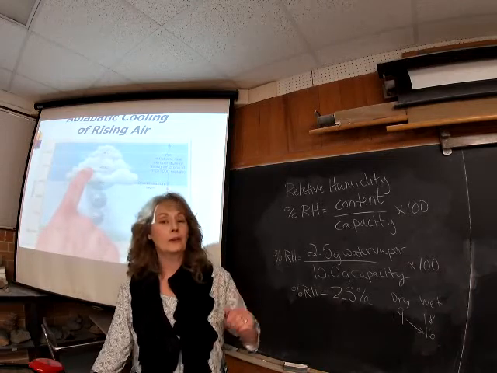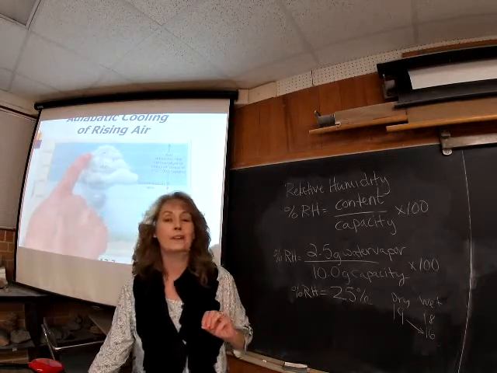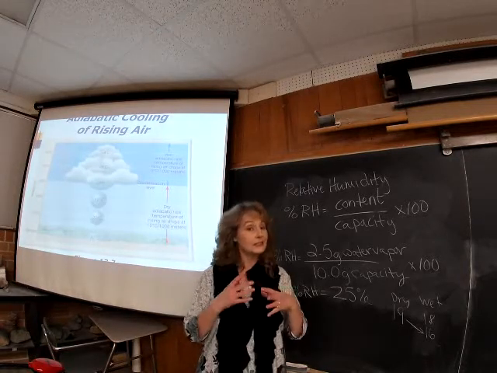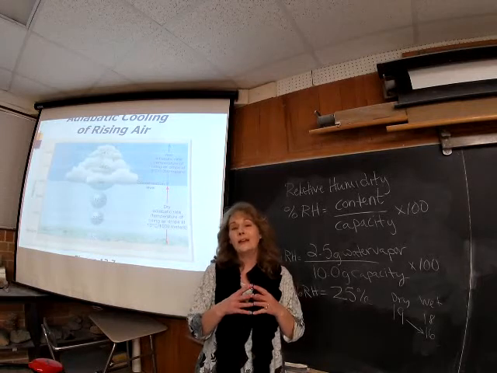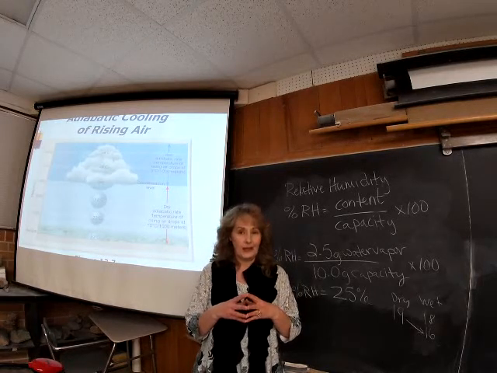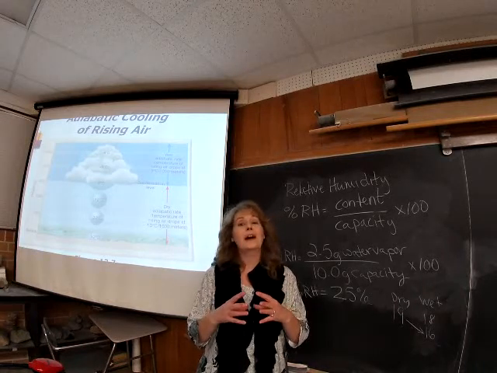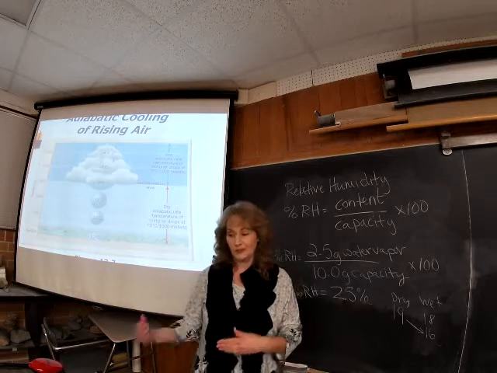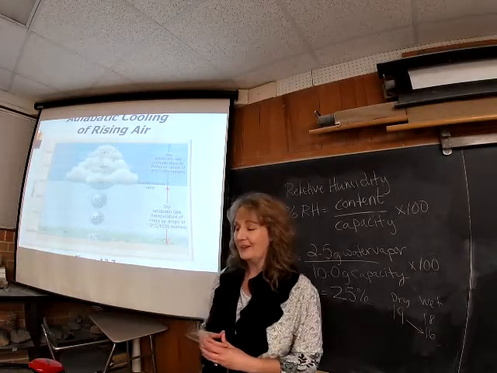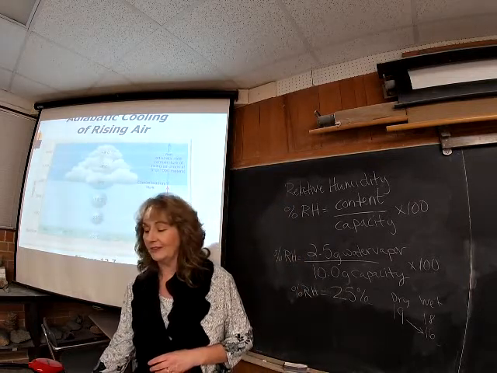You go up another 1,000 meters to 5,000, and it's going to cool an additional 5 degrees to -8 degrees Celsius. So it is still cooling, but at a slower rate, the wet adiabatic rate, because it's slightly offset by the release of latent heat due to the condensation that's happening. We see our clouds forming right there at that condensation level.